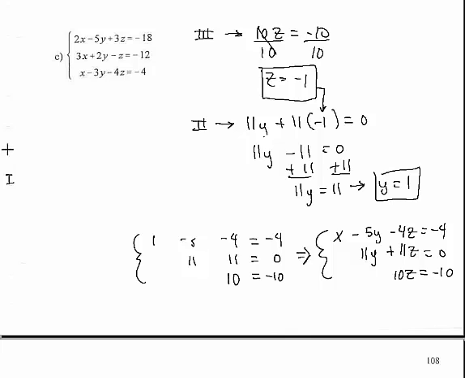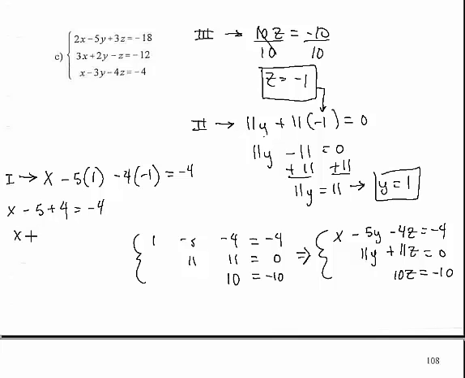And so finally I'm back to the first equation, which is x minus 5 times my y, which is 1, minus 4 times my z, which is a negative 1, equals negative 4. This ends up being minus 5 plus 4 equals negative 4.